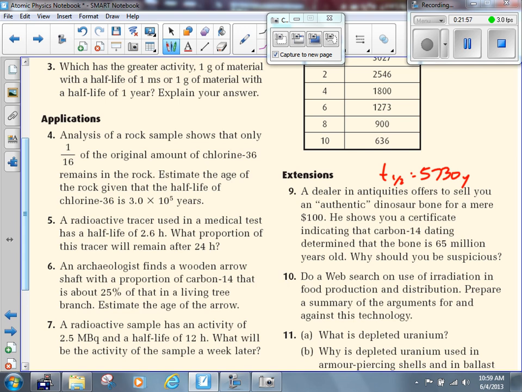When you're dealing with a big sample size with radioactivity, same thing applies. Okay, the statistics work. But when you're dealing with a small sample size, the statistics might work, they might not work. You can't put any faith in it when you're dealing with a small sample size. And as Drew said, because the half-life is 5,730 years, look, it's 65 million years old.